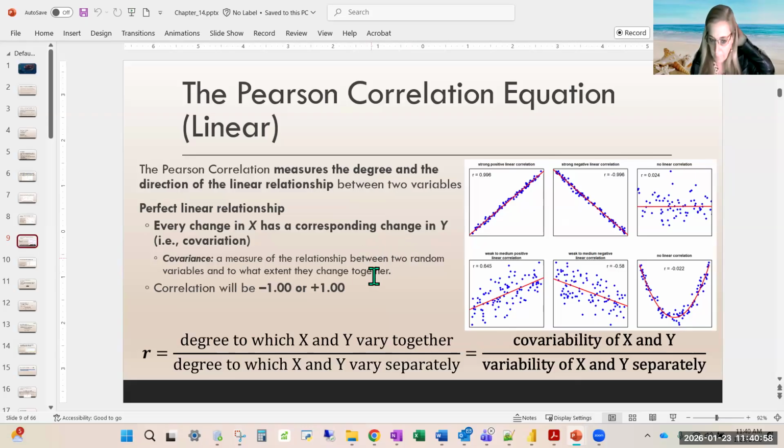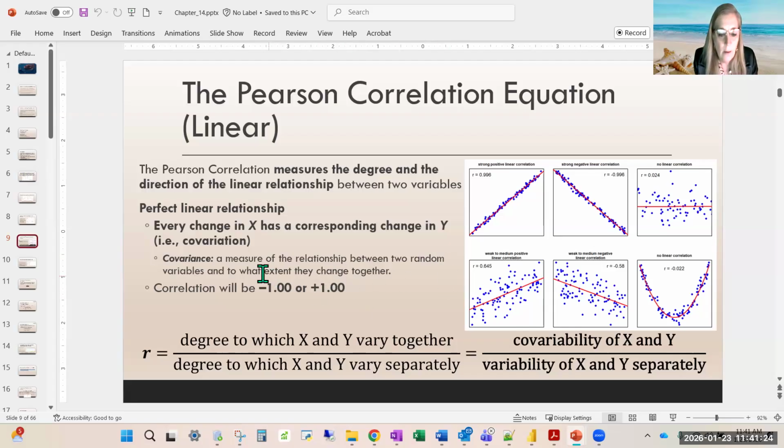All right, so the Pearson's correlation measures the degree and the direction of the relationship between two variables, like we mentioned. And it has a perfect linear relationship. So you can say that every change in X has a corresponding change in Y if you have a perfect linear relationship.